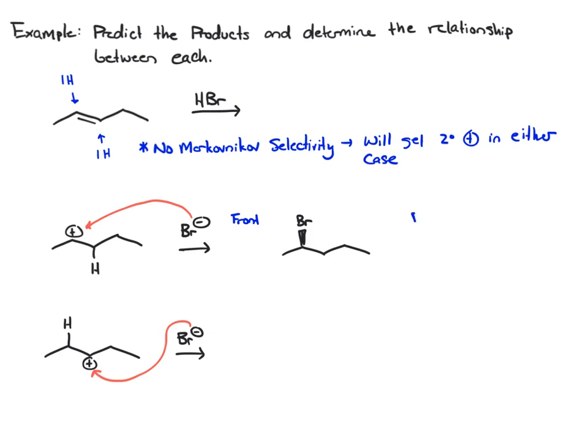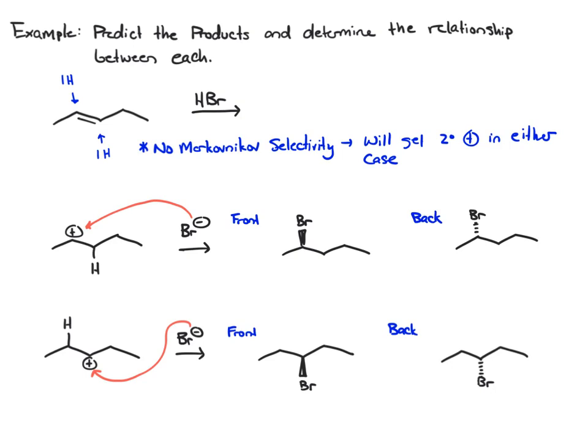When it comes in from the back, we get the Br on a dash. Now let's do the same thing with our bottom intermediate. From the front, the Br will be on a wedge. And then it can also come in from the back. And the Br will be on a dash.